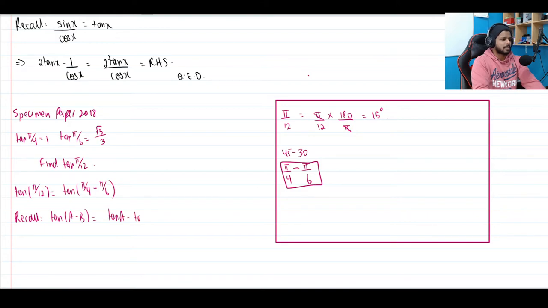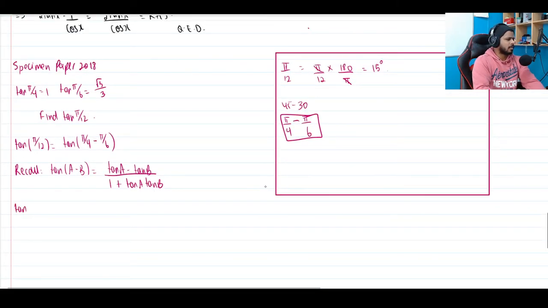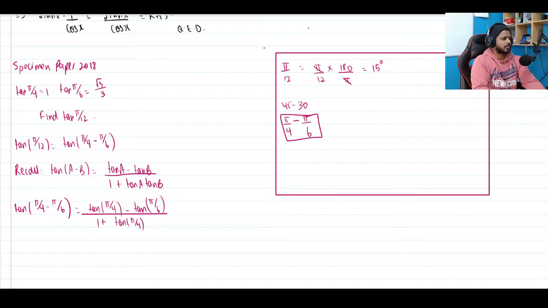Tan A minus tan B, and the opposite operation goes below: 1 plus tan A tan B. So tan of pi on 4 minus pi on 6 is tan pi on 4 minus tan pi on 6 all over 1 plus tan pi on 4 multiplied by tan of pi on 6.